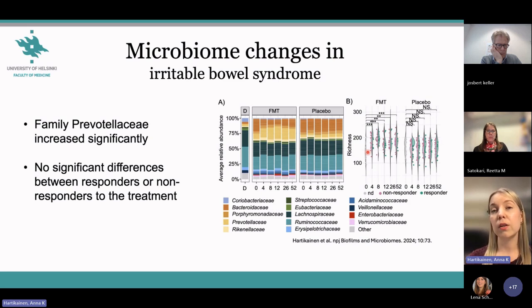However, in our clinical trial, we couldn't see any significant differences between the non-responders and responders to the treatment, seen, for example, here with the richness and also with the microbiota composition and the potential functionality. We couldn't see significant differences between these groups.